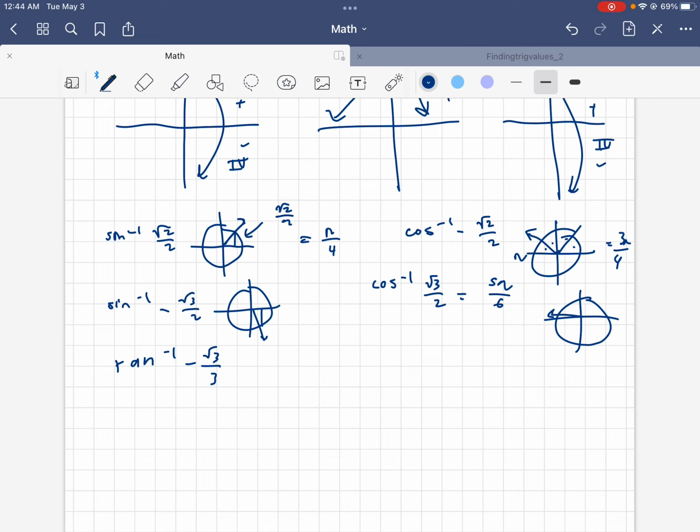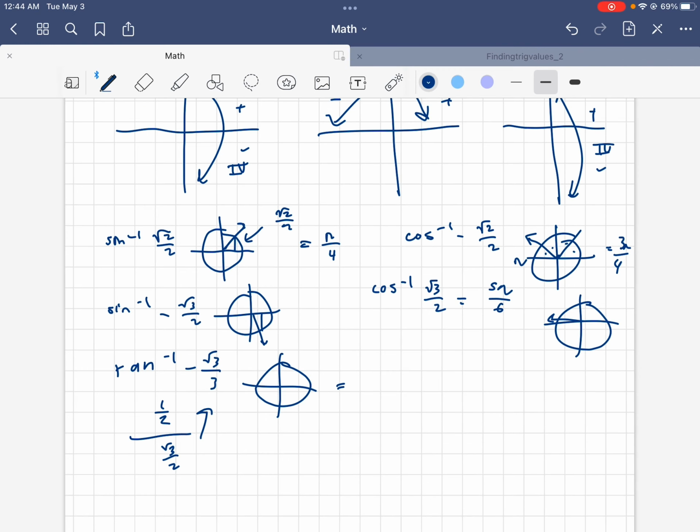So you need to figure out what measures of sine and cosine would give you square root of 3 over 3, which we would need 1/2, right? 1/2 opposite over adjacent square root of 3 over 2. Because this would give us that. Yeah, it would. So knowing that, we need one where the opposite is 1/2 and the adjacent is that.